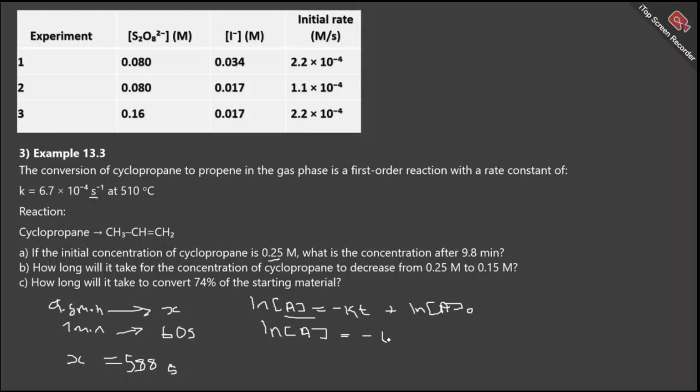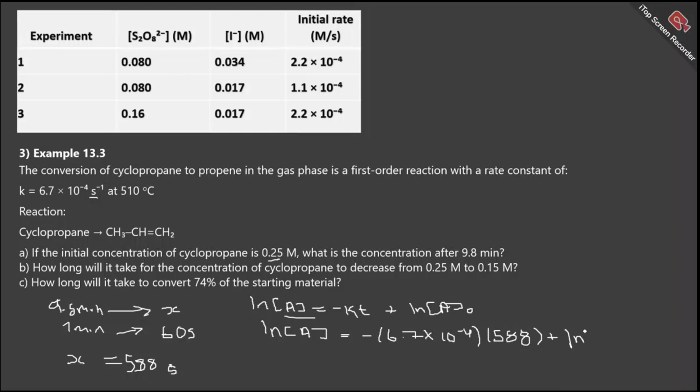The value of k is 6.7 multiplied by 10 raised to the power -4. Then time is 588. ln.